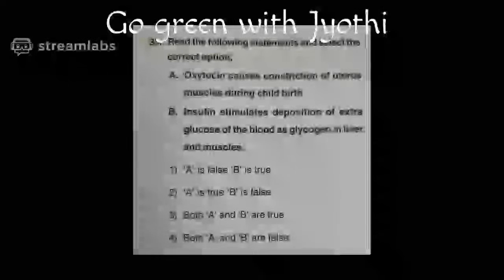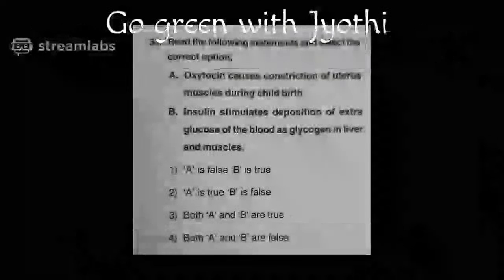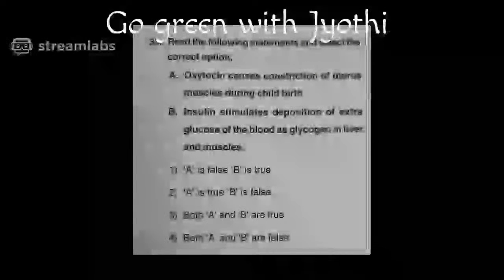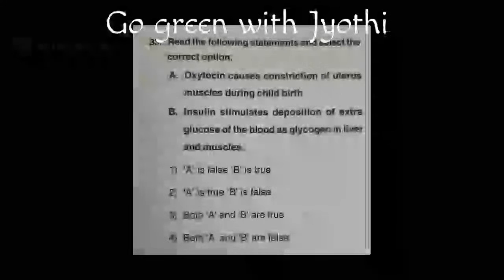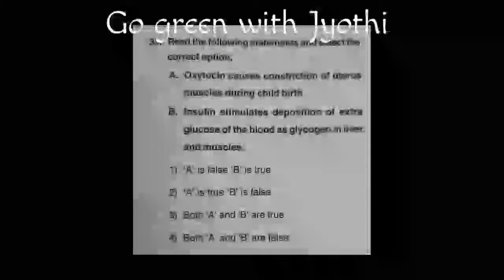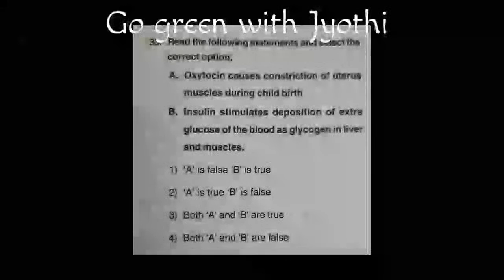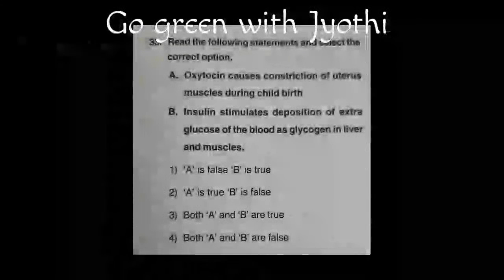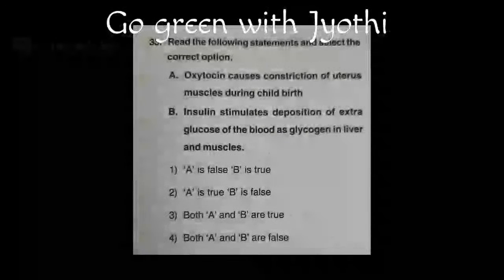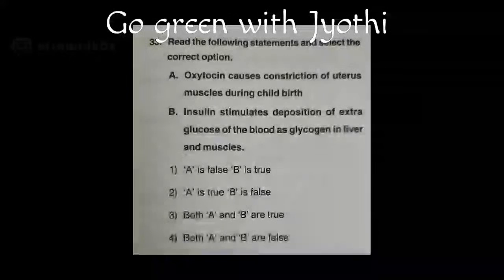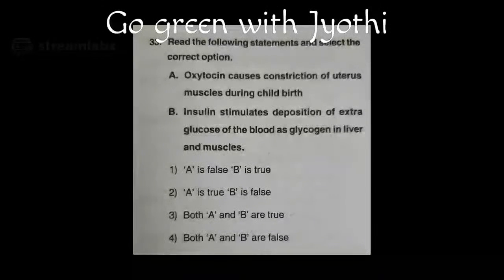Oxytocin, which will get activated during delivery. It helps in stimulating the milk secretion after delivery, and it causes constriction of uterus muscles during childbirth.